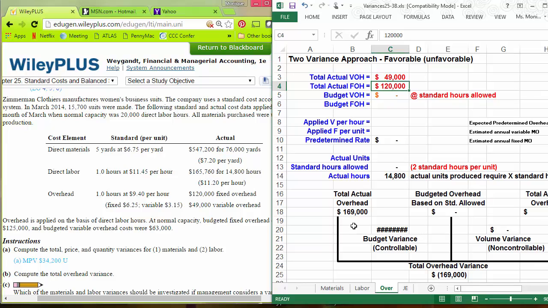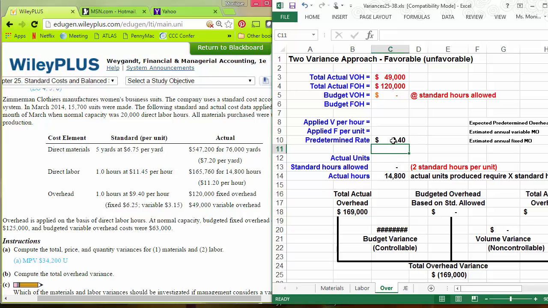So that's a grand total of 169 for our actual overhead. And then our predetermined overhead rate is $9.40 per hour. So we're going to use our predetermined overhead rate of $9.40.